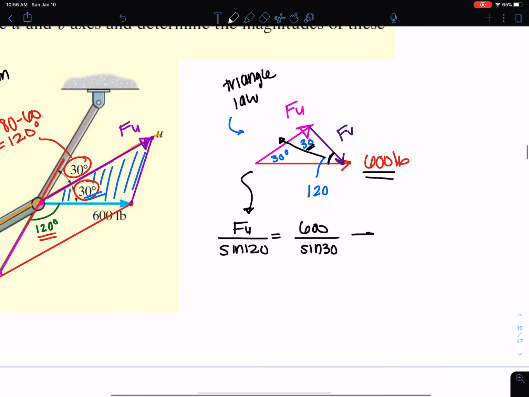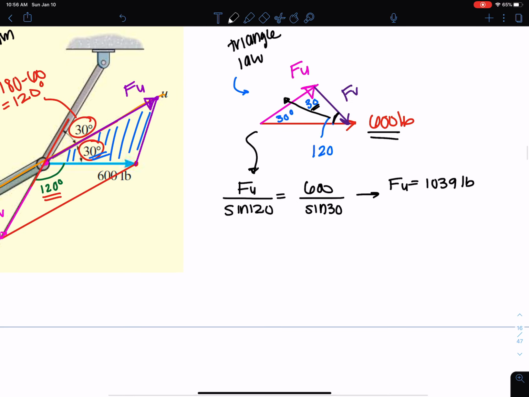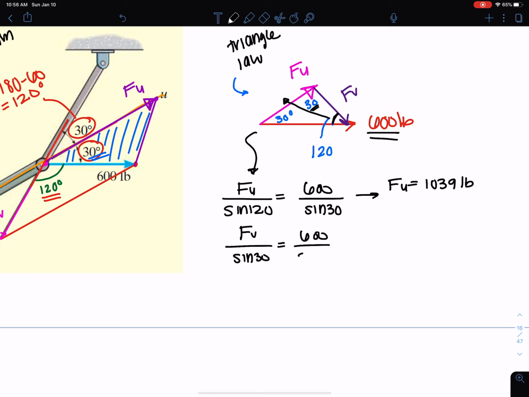And I can directly solve: F sub u is equal to 1039 pounds. And I can do the same thing here and say F sub v corresponds to sine 30 and 600 corresponds to sine 30, and I actually just get that F sub v is equal to 600.